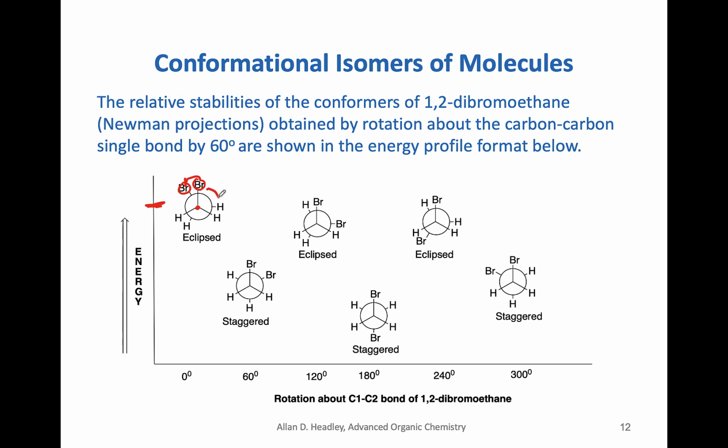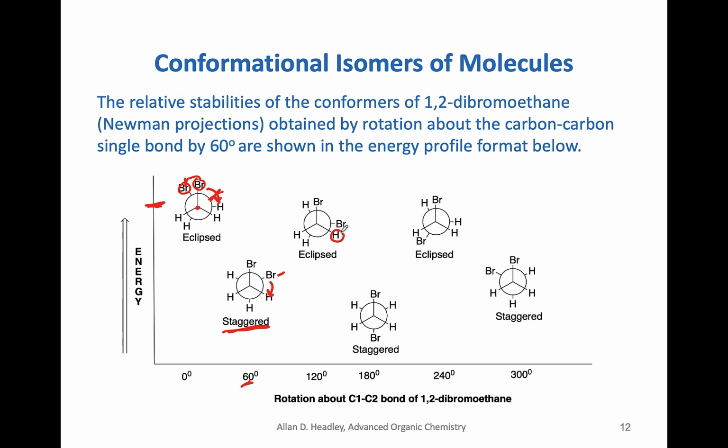A rotation here by 60 degrees puts the bromine right here, and as you can see that interaction is minimized, so lower in energy, and it gives you a staggered conformation. If you rotate this further by another 60, we have here another eclipse.